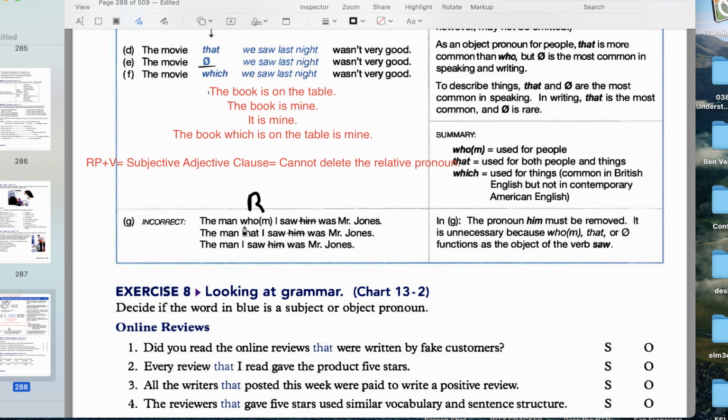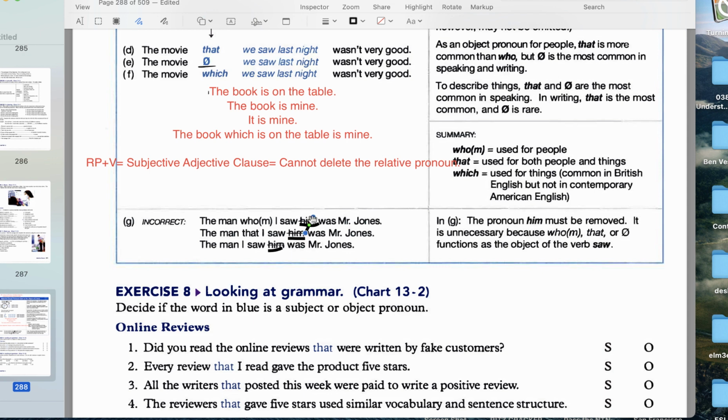But notice, once we put whom or that or which, you can't put a pronoun, and I'm not talking about relative pronouns, you can't put a pronoun because you've already put that or whom, or you deleted it. You can't say, the man I saw him was Mr. Jones, or the man whom I saw him was Mr. Jones. Get rid of that pronoun that represents that man because you've already put a pronoun in here, whom or that, or we wouldn't say which because it is a man. Right. So you can see that it doesn't sound correct if we do that.